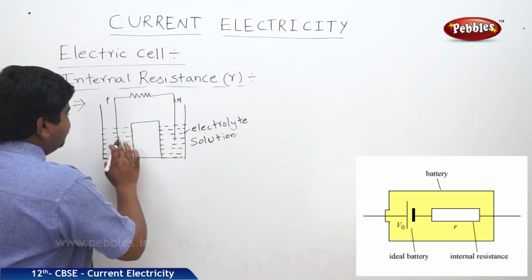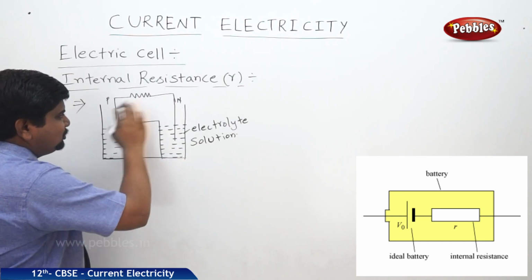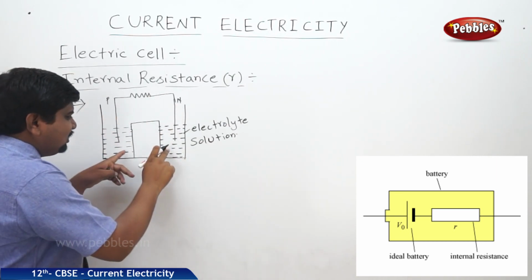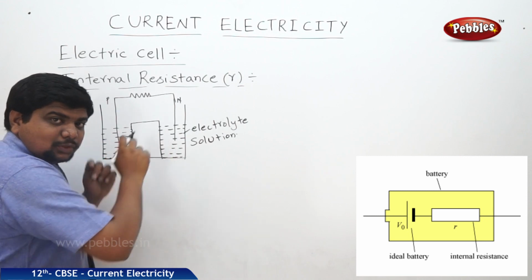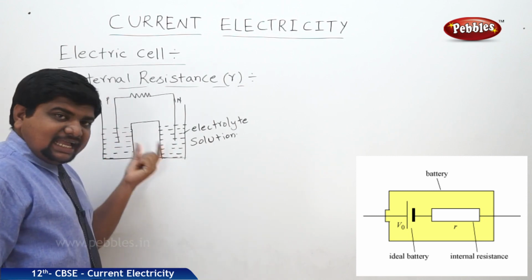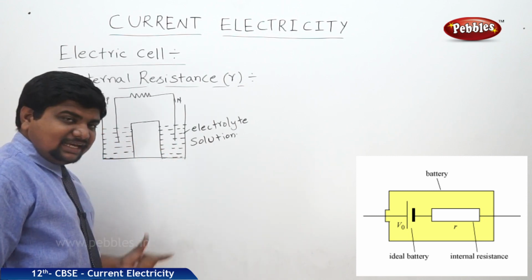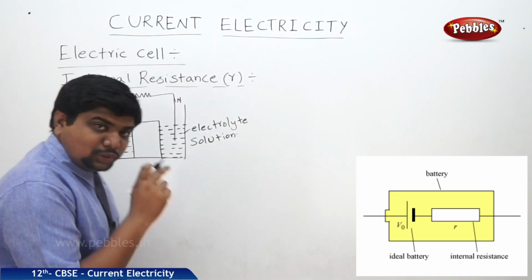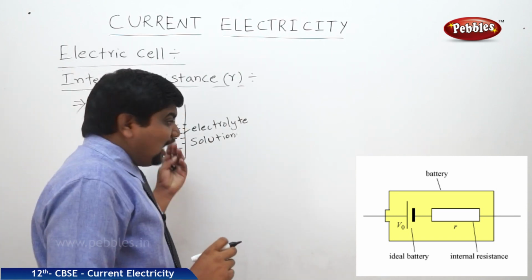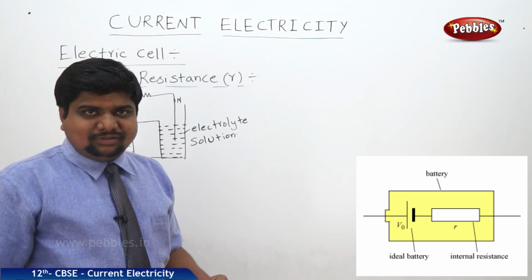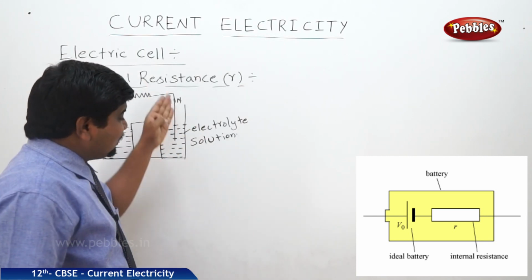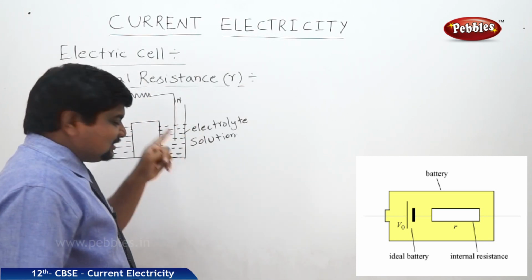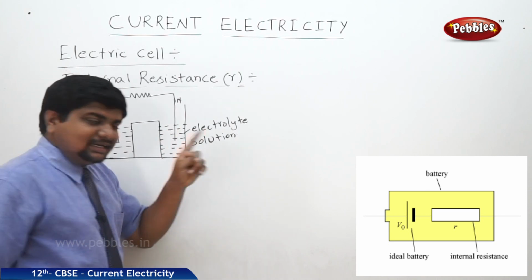Whenever charge flows through these two electrodes, it should overcome the resistance of the electrolyte solution. That means in an electric cell, this electrolyte solution offers resistance. This potential has to overcome this resistance. This resistance is called internal resistance.